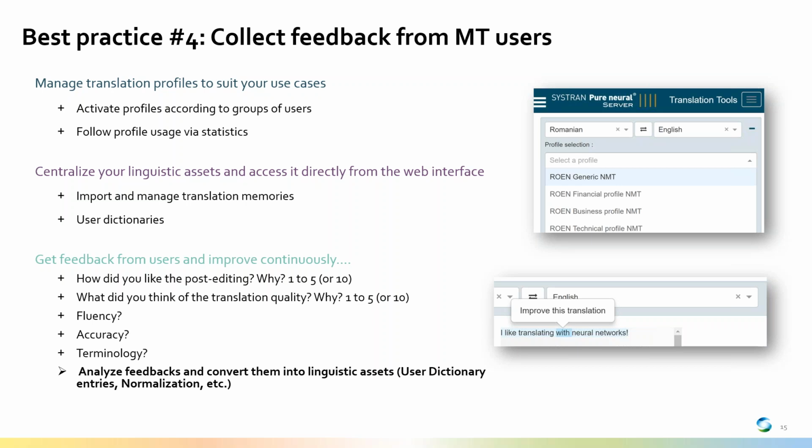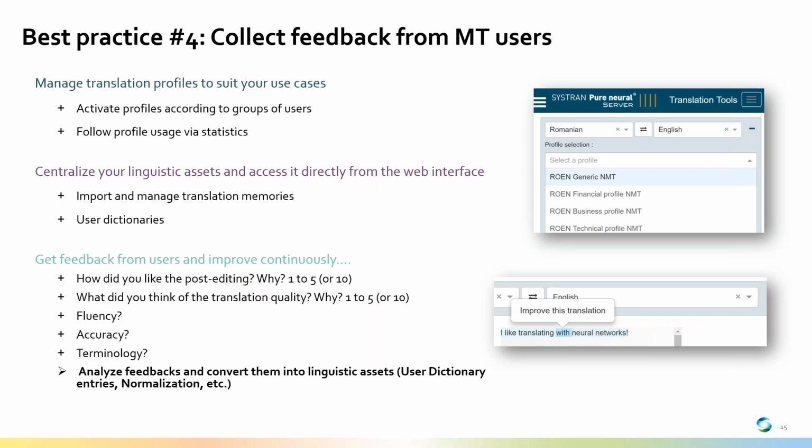Users would have access to custom translation profiles, calling a given engine and a specific terminology to cover their use case. You can follow the usage for each translation profile via statistics to understand the use which is made of each translation profile, and really focus your attention on tackling the issues where there's the biggest volume or the highest challenges in terms of time to market and quality.